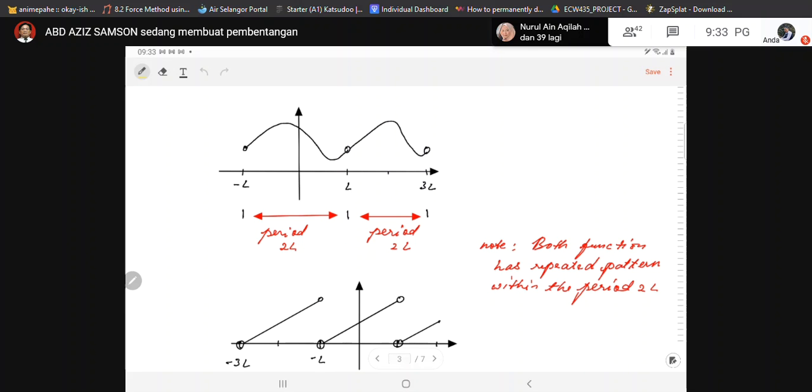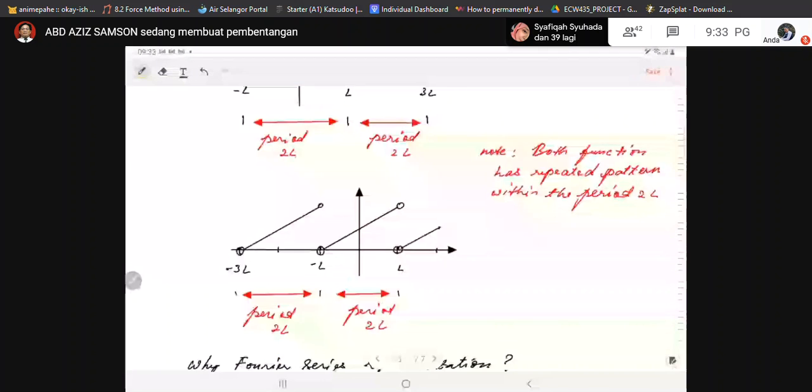This is the length of one complete cycle. Notice that the function is being repeated from minus L to L, and then from L to 3L. Same thing in these examples.